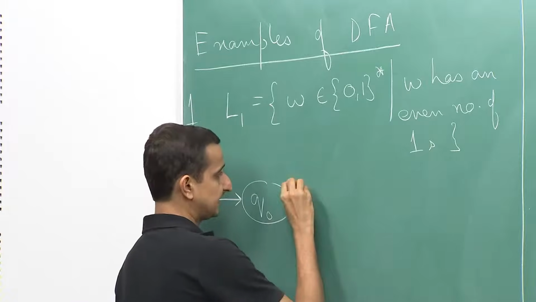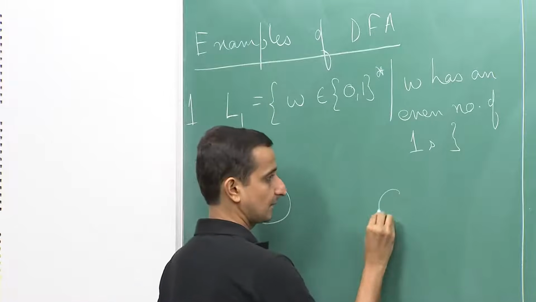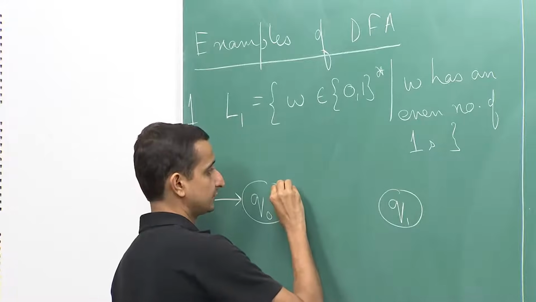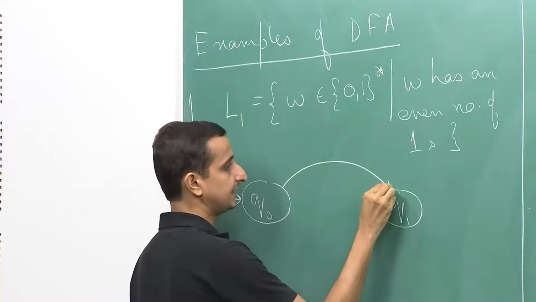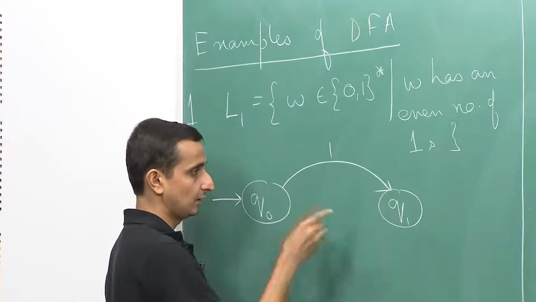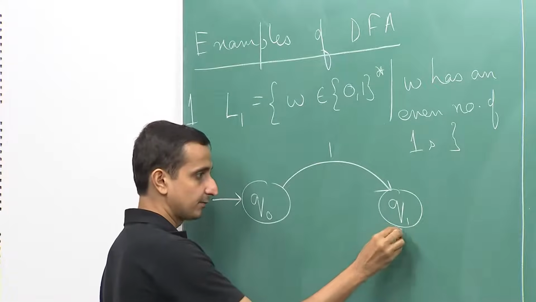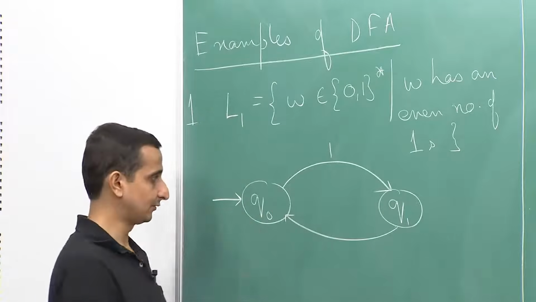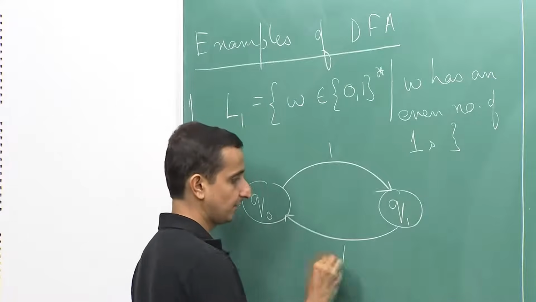Now, if we see a single one, we go to a state Q1 which corresponds to seeing an odd number of ones. Okay, so, if we see a single one, we go to Q1, and again from Q1 if we see a 1, it means that we have seen an even number of ones, we come back to Q0. Okay.